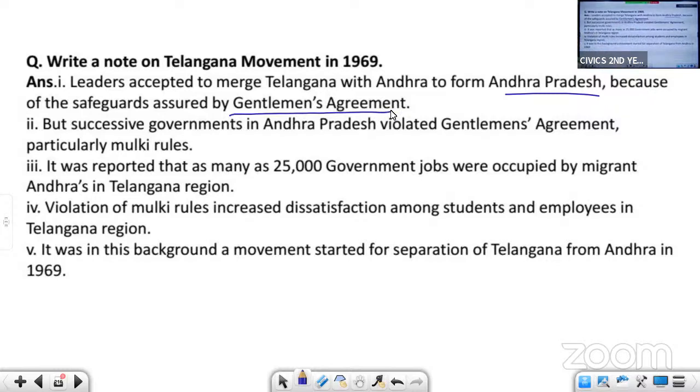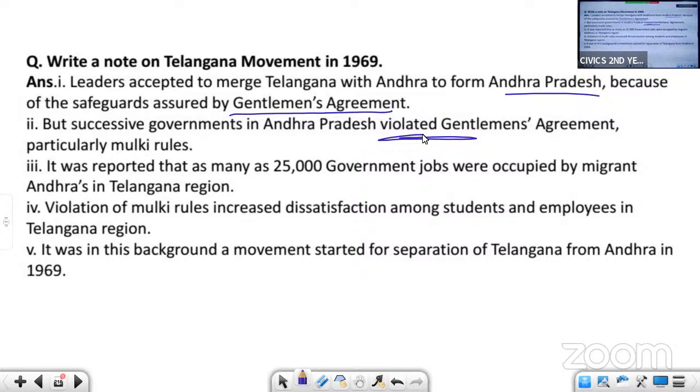After the formation of Andhra Pradesh, the successive governments violated the gentlemen's agreement. So what was in the gentlemen's agreement? The first point was, if the chief minister is from one region, the deputy chief minister will be from the other region.